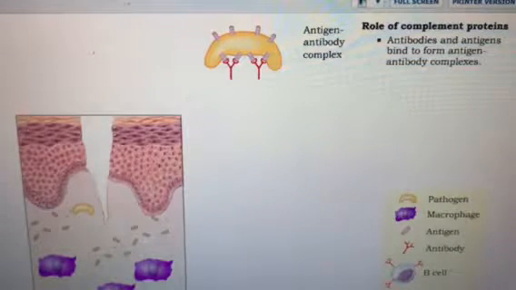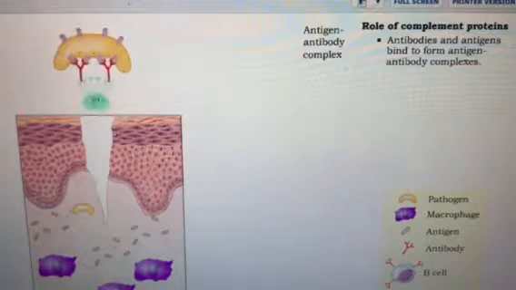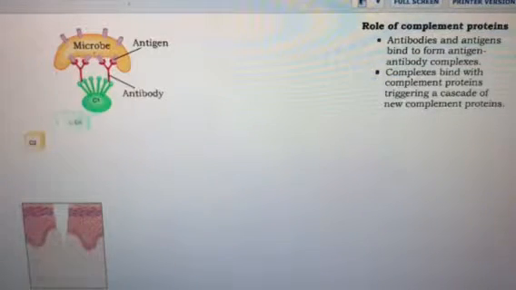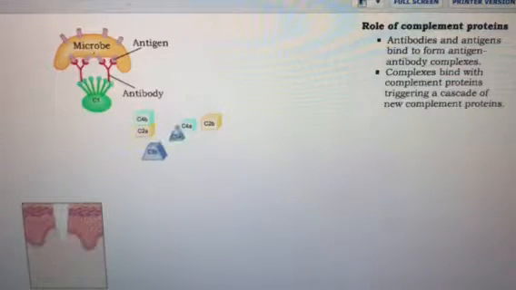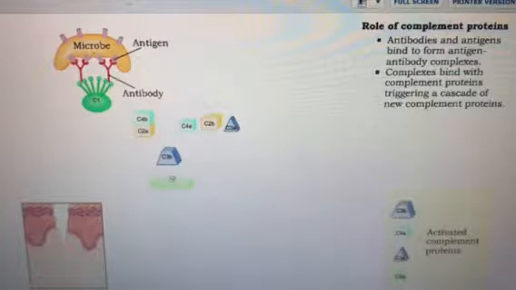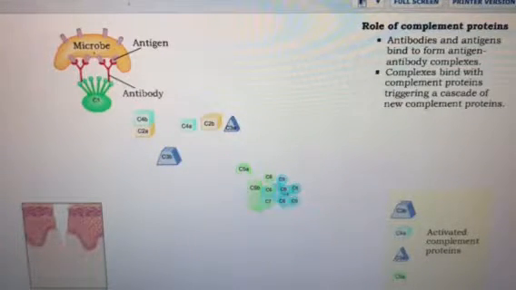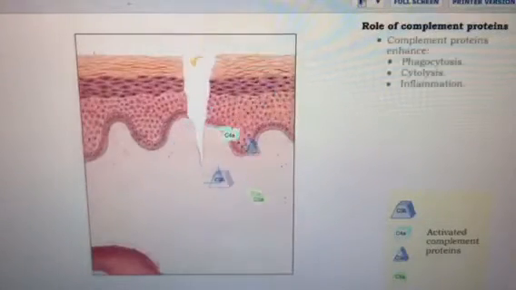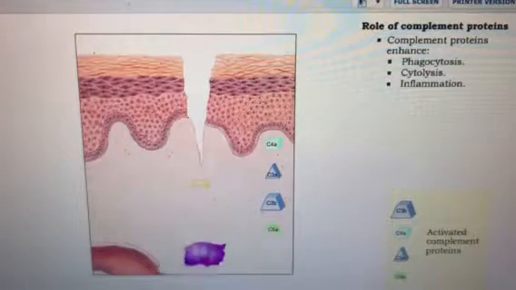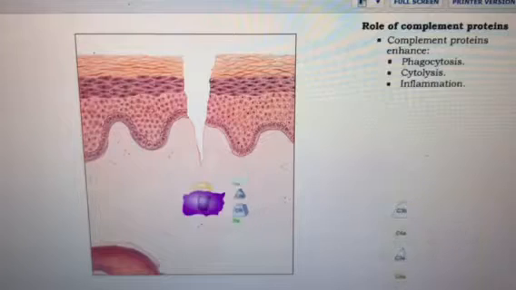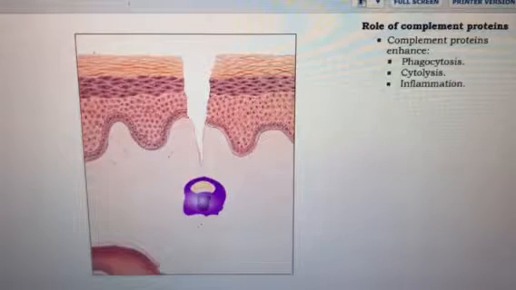Antibodies and antigens bind to form antigen-antibody complexes. In turn, these complexes bind with complement proteins to trigger a cascade of new complement proteins. The entire group of complement proteins functions to enhance phagocytosis, cytolysis, and inflammation.